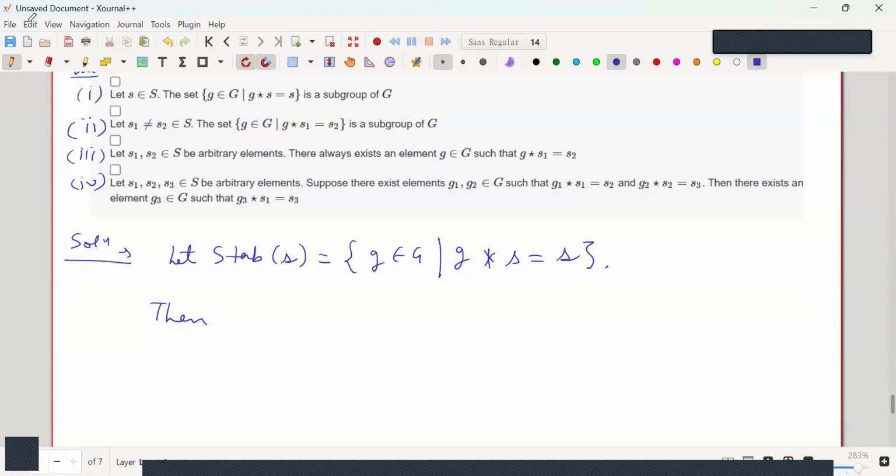Since the identity element also belongs to this set, it can be written as g inverse times g. Since this is associative, I can write this as g inverse times g times s, which gives g inverse times s. So g inverse also belongs to this set. So this is a subgroup.